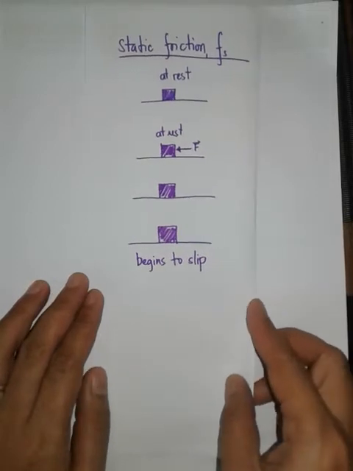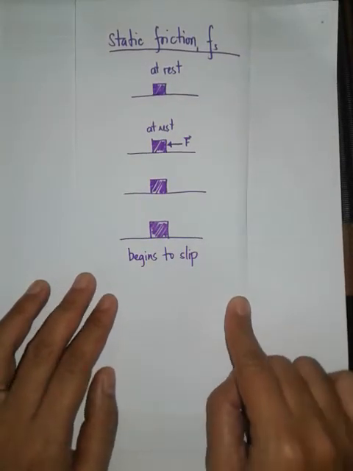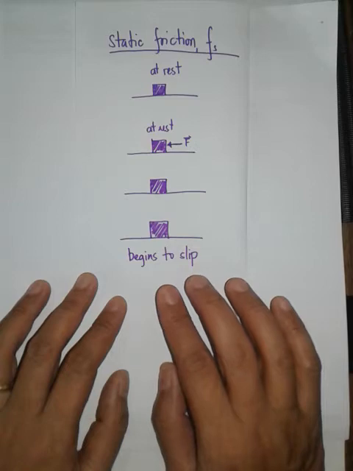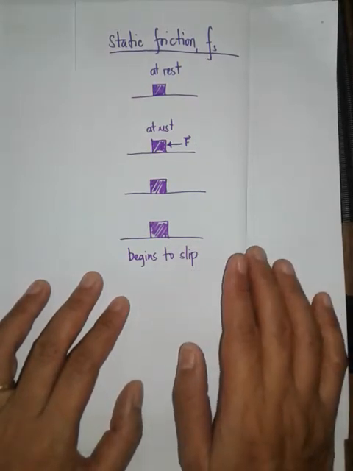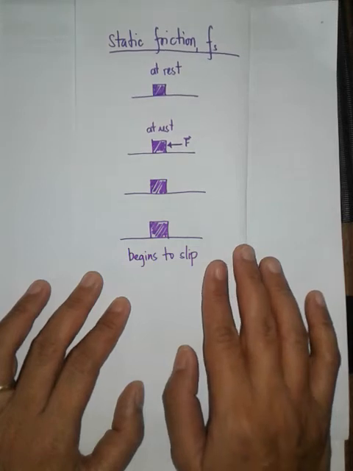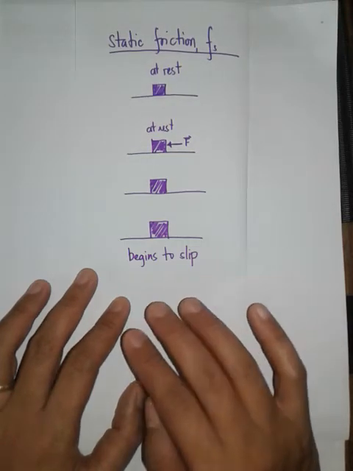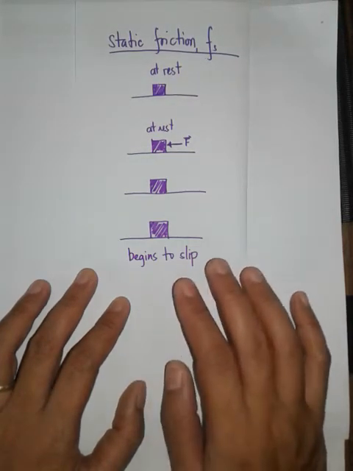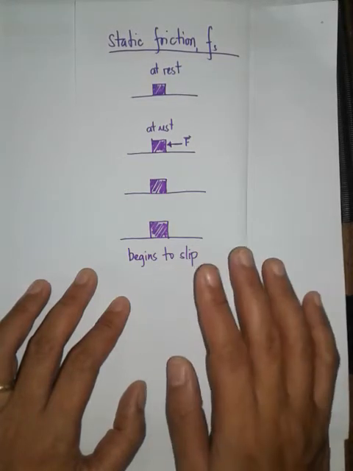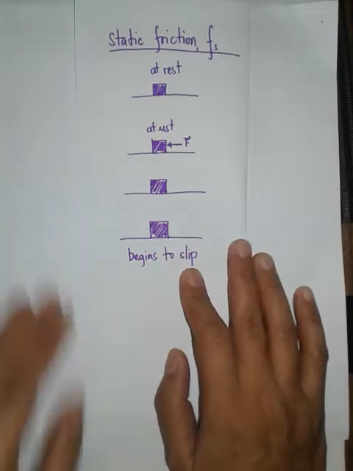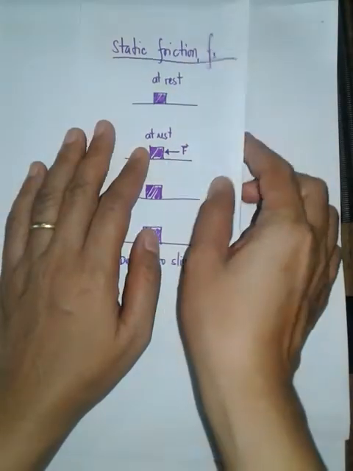Most of the time when we are analyzing systems, it is critical to correctly determine whether it is static, kinetic, or none at all. There's no problem if the situation says right away that the surfaces in contact are very smooth. Then there's no question, it's zero friction. Otherwise, there is friction.